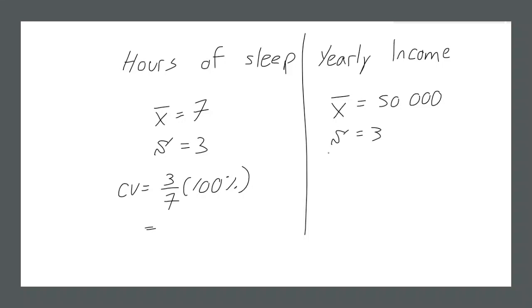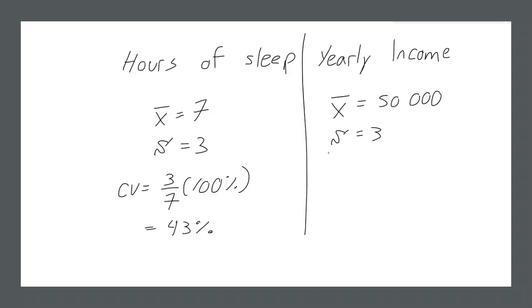What that ends up being is approximately 43%. So this standard deviation is 43% of the mean value. How much does the data tend to vary? That's what the standard deviation represents. How widespread is the data? The spread of the data is typically about 43% of the mean value.